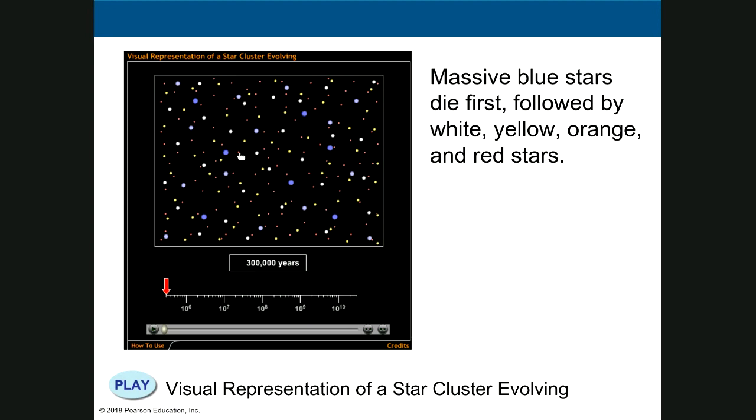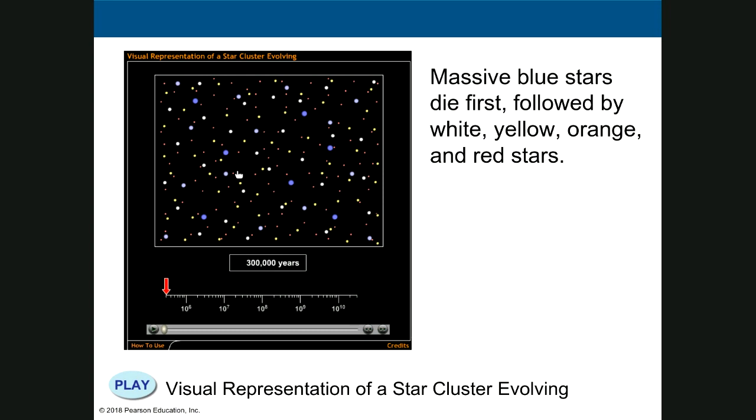I wish we could do it, but I can't get these to work. But if you set the timer going and play the simulation, you'll very quickly see that all the blue stars die very rapidly. Then, less quickly, the white ones all disappear. And then slowly but surely, the yellow ones go out, and at about 10 billion to 100 billion years you're left with just these faint orange ones.